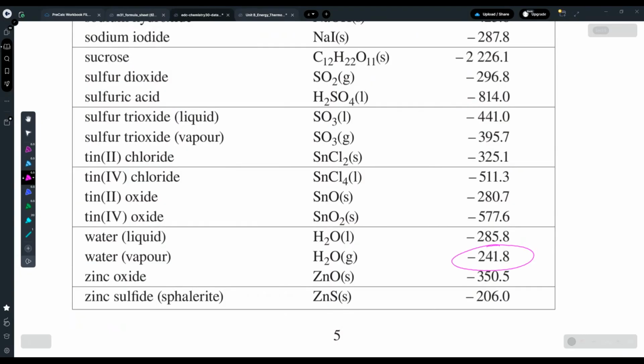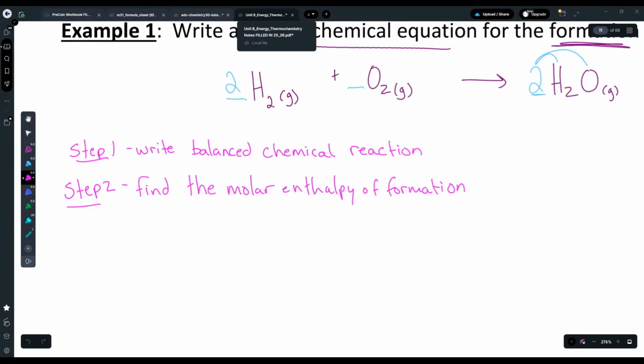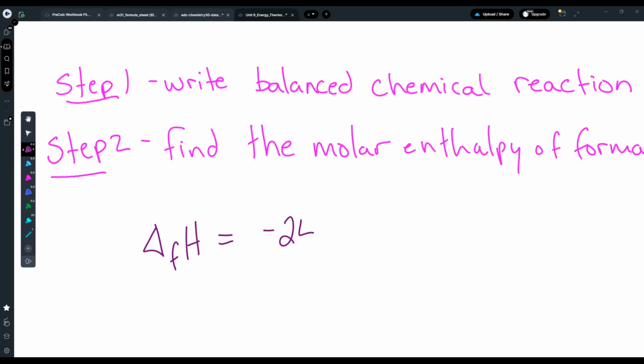So that's going to be that negative 241.8. So let's write that out. So change molar enthalpy, or molar enthalpy of formation is equal to negative 241.8, and that's kilojoules per mole.